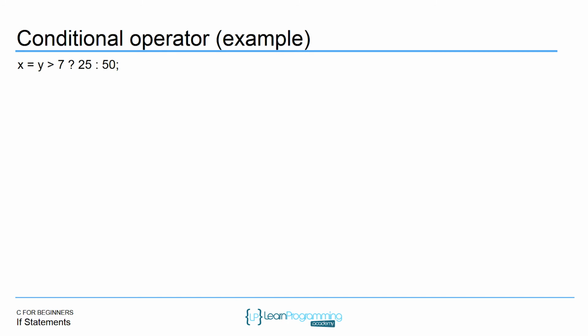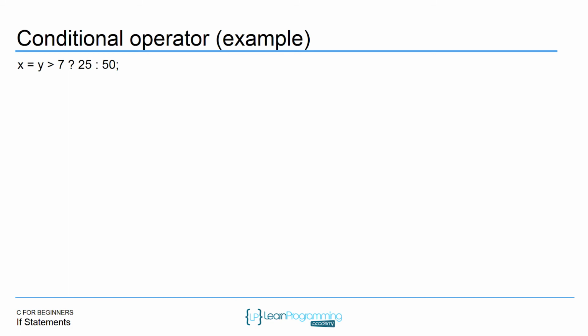So this looks kind of funny to read, right? But what this is doing is an assignment. X equals the result of y greater than 7. So if y is greater than 7, it's going to set x to 25.